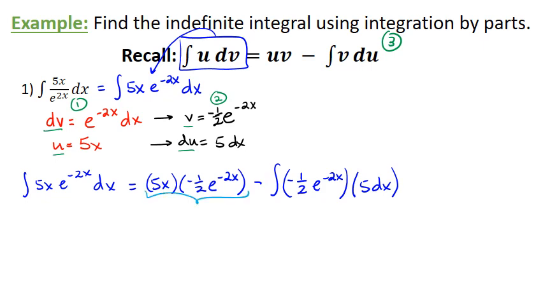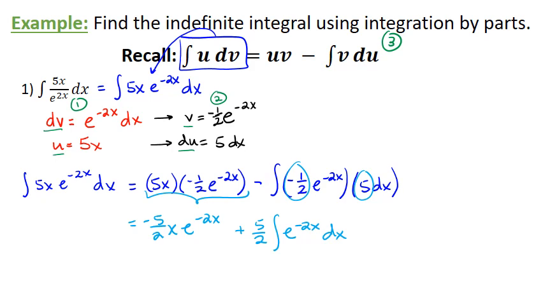Simplifying this, I end up with negative 5/2 x e to the negative 2x. Over here, I have a couple constants that I'm going to move out. So this will become a positive 5/2 times the integral of e to the negative 2x dx.